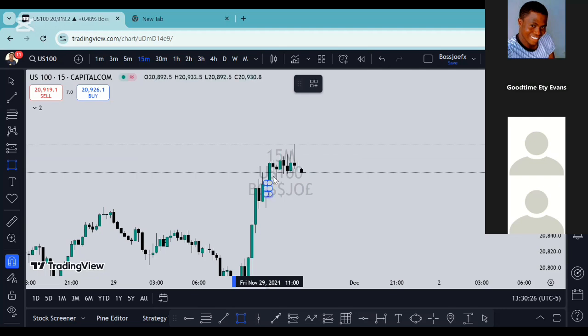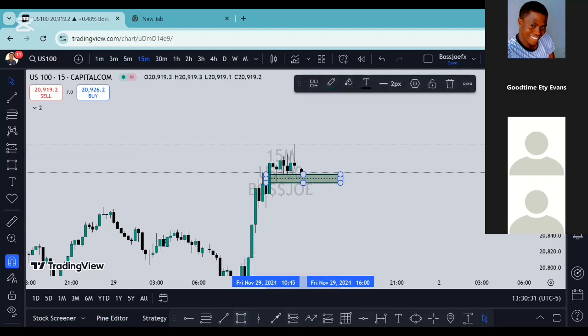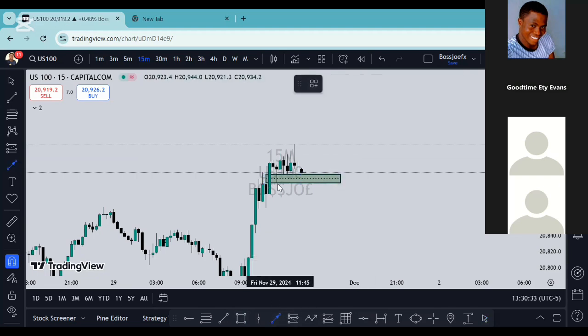This gap is called a fair value gap. And if you watch closely, there's a reaction candle, which people call a pin bar, that reacted to the low of that fair value gap and pushed to the upside. That reaction means a lot to me in the 1 minute time frame.